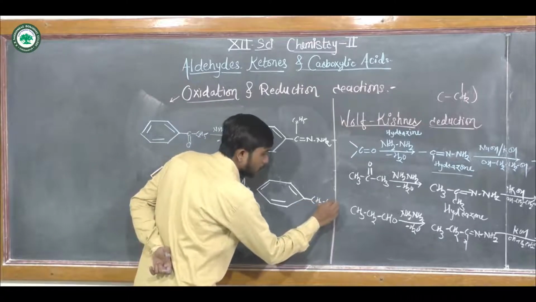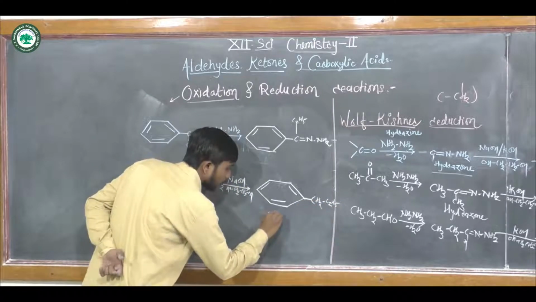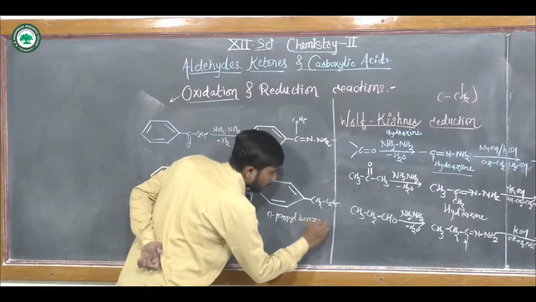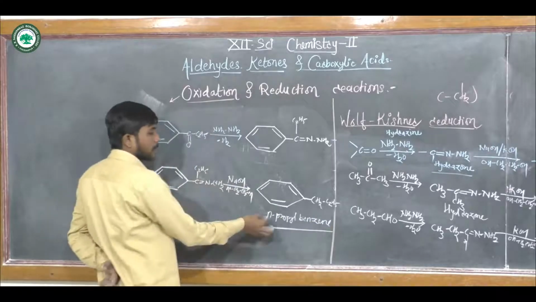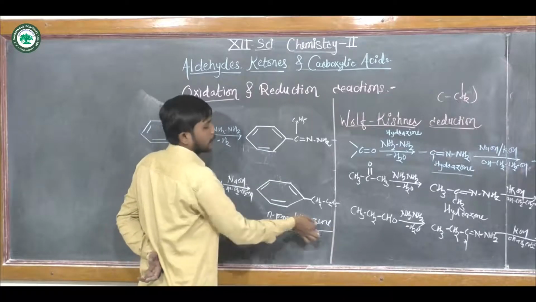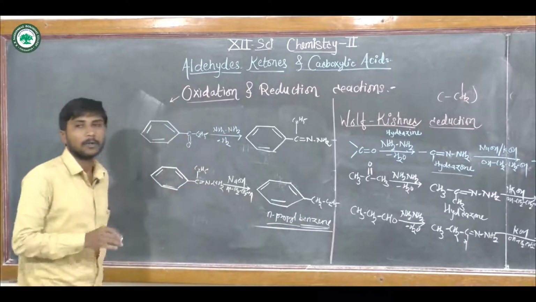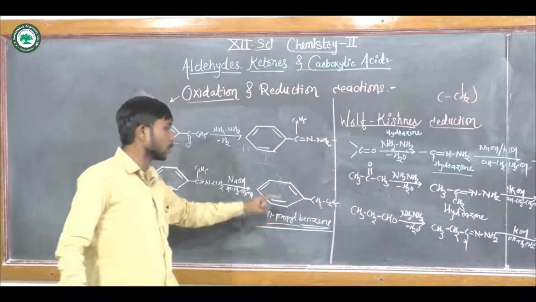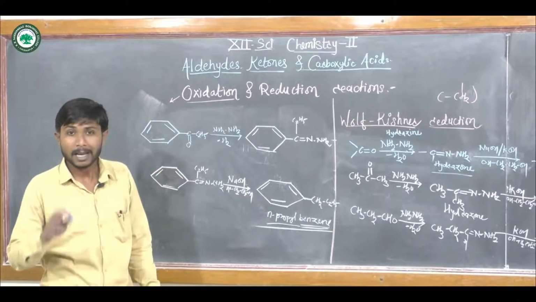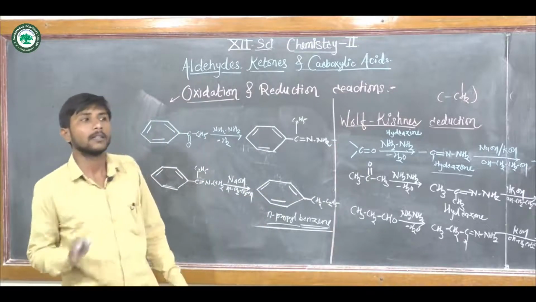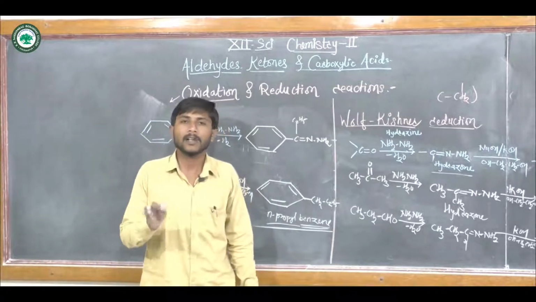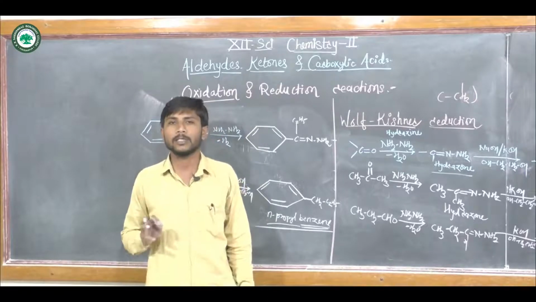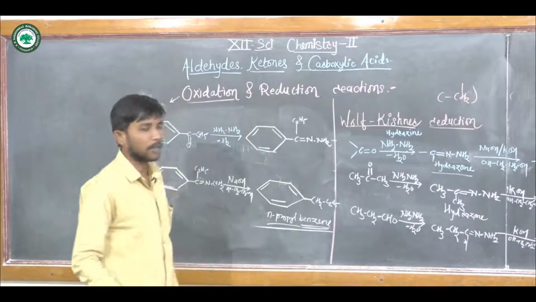CH2 and this is a C2H5, it is N-propyl benzene. This is an alkyl substituted aromatic compound, and the Wolff-Kishner reduction method is used for this preparation, as we have seen that the Friedel-Crafts alkylation reaction is the electrophilic substitution reaction shown by aromatic compounds.